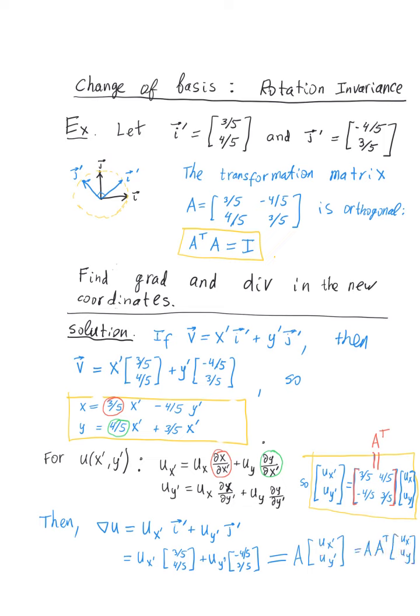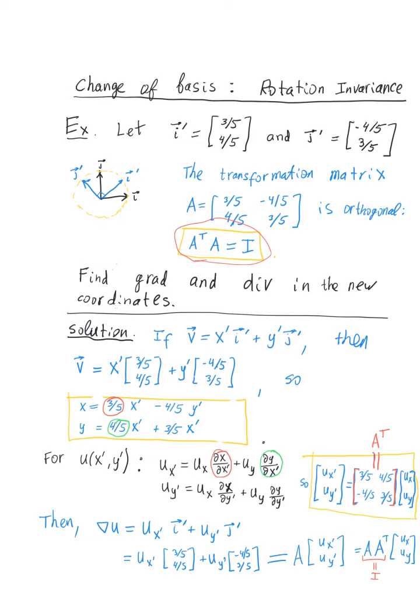Okay, so we are getting A times A transpose times ux uy. Now A times A transpose is the identity matrix because our transformation is a rotation, so A is an orthogonal matrix, as we discussed, okay?